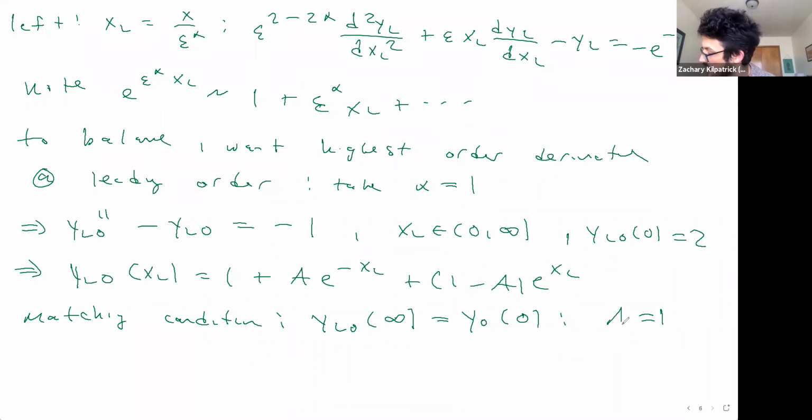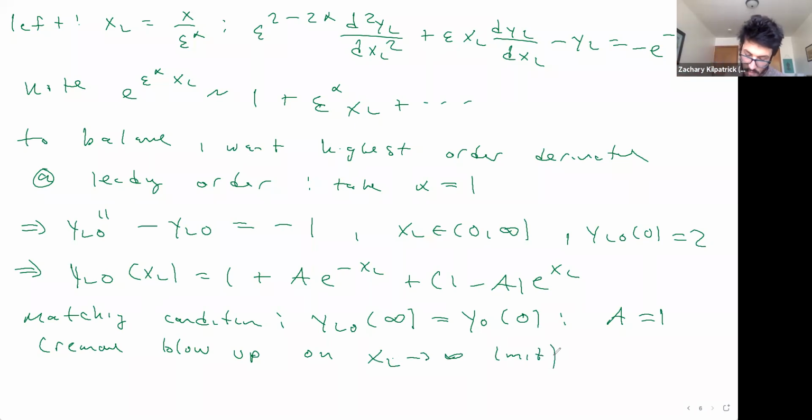And so I have to take A equals 1 in this case, in order to remove the blow up in the XL goes to infinity limit.